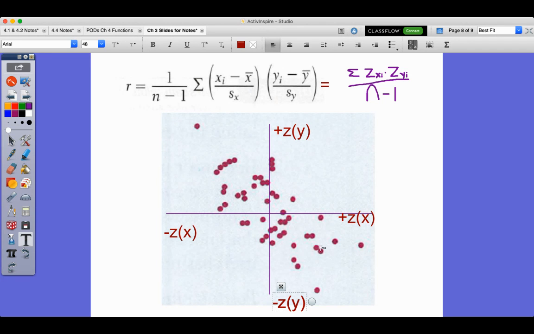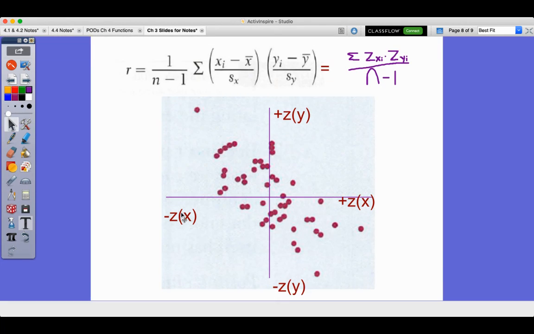And so when I take this point, it's a positive z of x times a negative z of y, so this is contributing a negative value. And then I add to it, oh, this is a positive z of x times a negative z of y. And this is a positive z of x, but it's almost times 0 for my negative z of y, so it's contributing a small negative value. This one that's on the line is contributing a 0. This one that's on the line is contributing a 0.